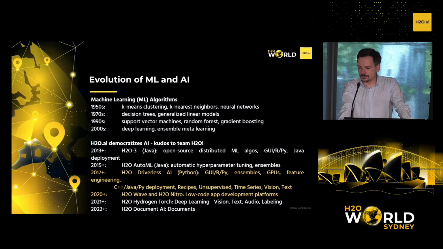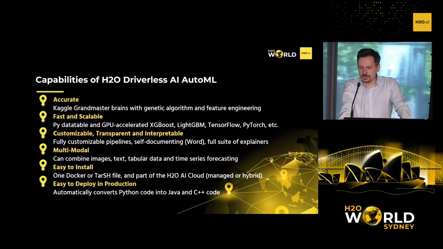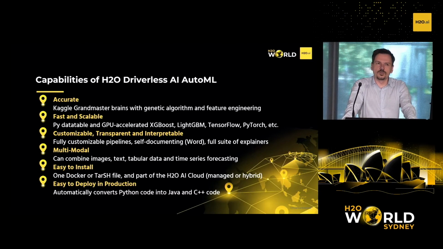So what are the capabilities of Driverless AI in terms of AutoML? Well, first of all, we try to bake the experience of Kaggle Grandmasters into the product: common pitfalls to avoid, the best overall approach for handling the data and missing values, and the best presets of hyperparameters to start from, because we still have a cold start problem and we need to find the best hyperparameters as fast as possible.